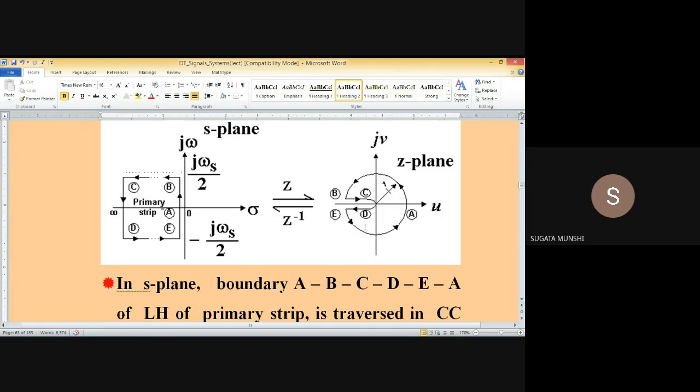You understand? For filling up the interior of the unit circle completely, you don't require the entire left-hand side of the S-plane. Only the left-hand side of the primary strip is sufficient to fill up the entire interior. So any point in the primary strip will map onto a point in the interior of the unit circle centered at origin in the Z plane.